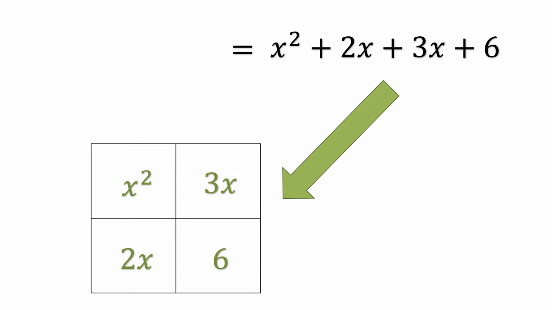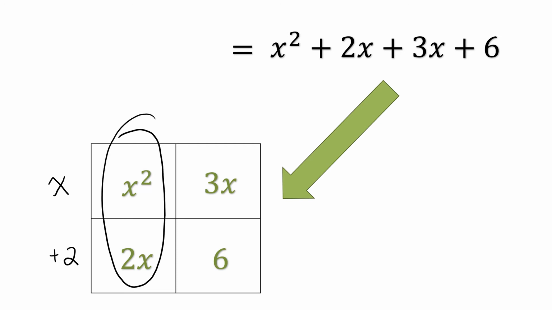Now we need to figure out what goes on the outside. In order to do this, we will try to find the greatest common factor from each row and each column. If I try to find the greatest common factor between x squared and 3x, the greatest common factor is x. Looking for the greatest common factor between 2x and 6, I find that the greatest common factor is 2. So I have the greatest common factors for each row. Now I'll try to find the greatest common factor for each column.